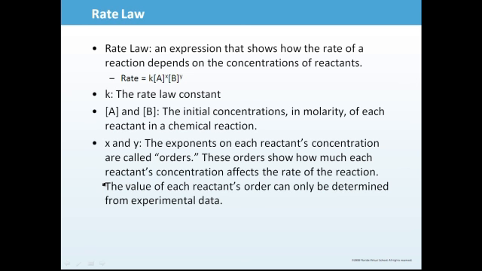Or if it's quadrupled, how does it affect the reaction rate? Things like that. And you'll see how this works in a moment when we walk through an example together. The values for x and y can only be determined through experimenting, and then k we can calculate. So we're going to walk through this in a moment with an example.